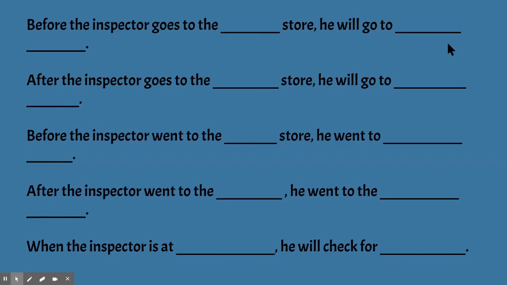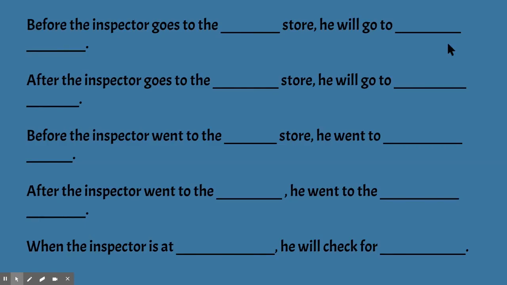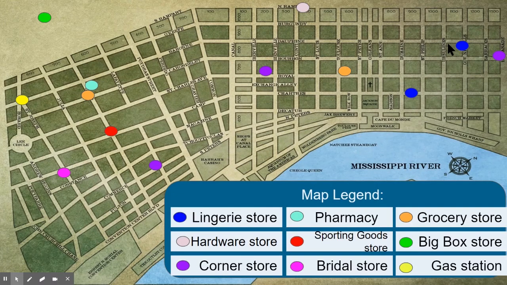And there are some more sentence frames for you to practice with to talk about what he did before and what he did after, and also what he does when he's there. So, for example, when the inspector is at the grocery store, he will check for rats. Makes sense, right?